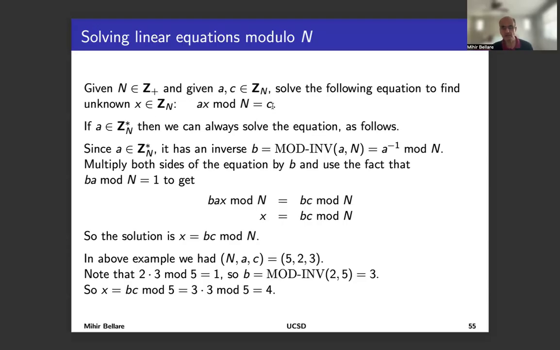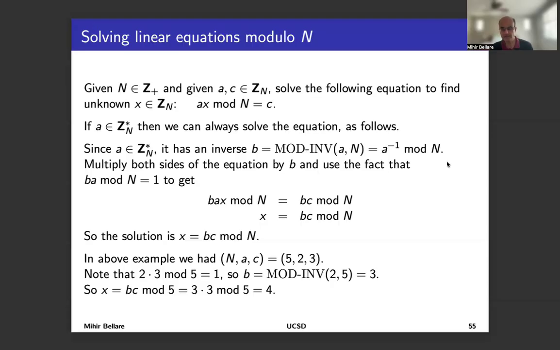When I give you this equation, I also tell you that this a over here, which is the public part, is not just in Zn, but in Zn star. Remember, that means that this is a multiplicative group and it has a multiplicative inverse mod n. And we even had an algorithm to compute it, the modular inverse algorithm. I could run that on a and n and get a result, which by definition is a inverse mod n.